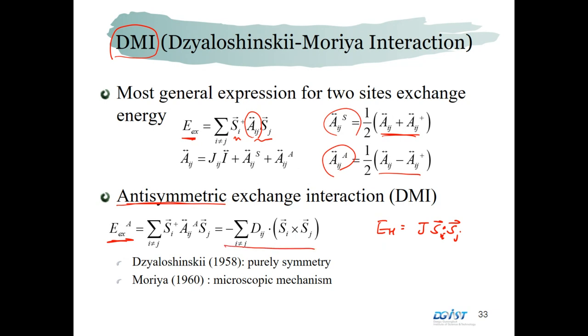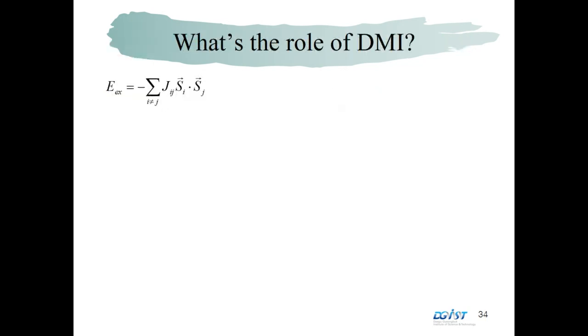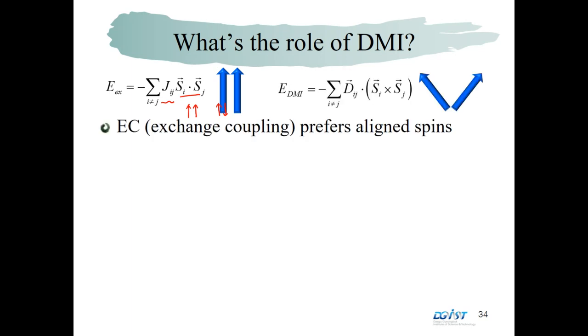Then what's the meaning of this energy? Okay, so let's think about this Heisenberg interaction. In this case, we already know this inner product means they like to be parallel or antiparallel depending on the sign of J. So they make a collinear configuration of the magnetization.